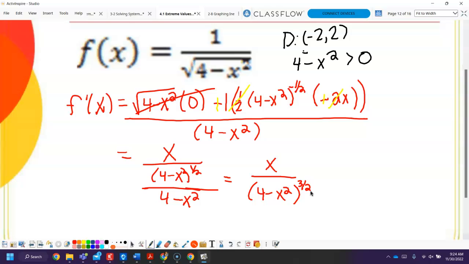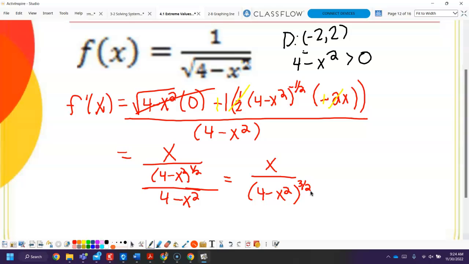Take 1 away, so a half minus 1 is negative 3/2 times the derivative of the inside. And again, negatives cancel, 2's cancel. Here's your x. The negative exponent drops to the bottom.